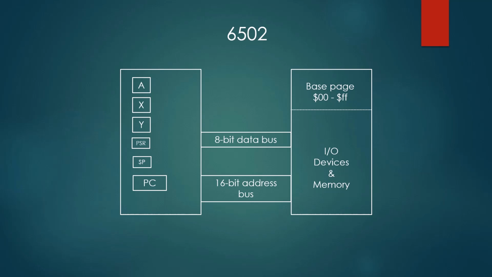On the right of the diagram, you see a depiction of the address range of the microprocessor. At the very bottom or top, depending on how you look at it, of the address range is the base page, addresses 0 through FF hexadecimal.